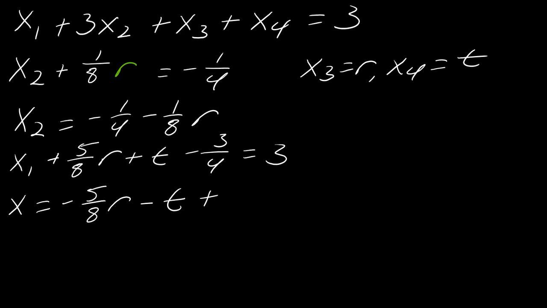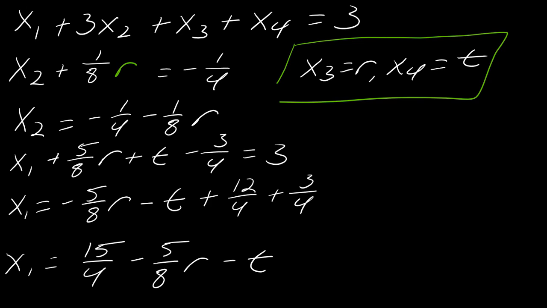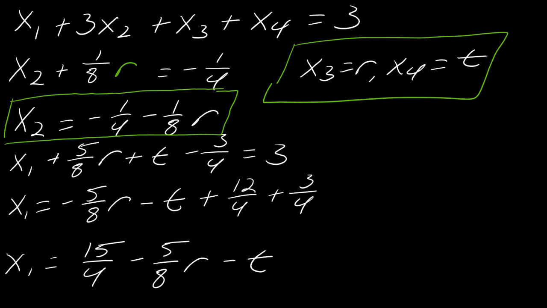I'm going to rewrite 3 as 12 over 4 so that I can easily add this 3/4 to it, so that my x1 is now going to be 15 over 4 minus 5/8 r minus t. And so now I finally have all my solutions. Here was my x3 and my x4, here was my x2.